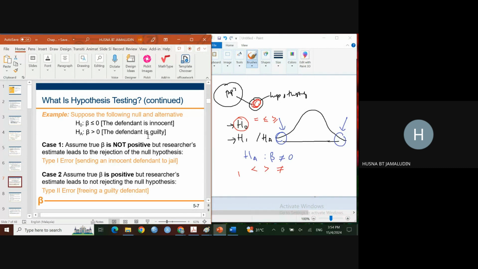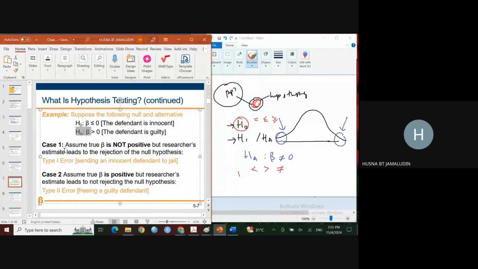You caught some criminal, and then you bring this criminal to the court, and you want to say that my assumption is that he is guilty, so he should be penalized. But the general claim, remember the rule of thumb in law: no one is guilty until proven guilty. So the general claim is that the defendant is innocent, but you want to prove that he is actually guilty. So this is your own assumption or hypothesis.